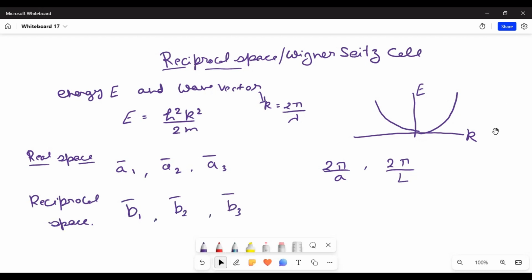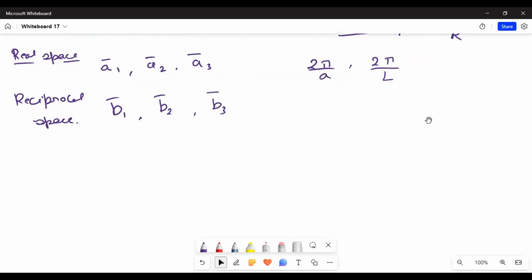There is a relationship between them: b1 is a2 cross a3 divided by a1 dot product of a2 cross a3. This is how we describe the reciprocal lattice vector b1.